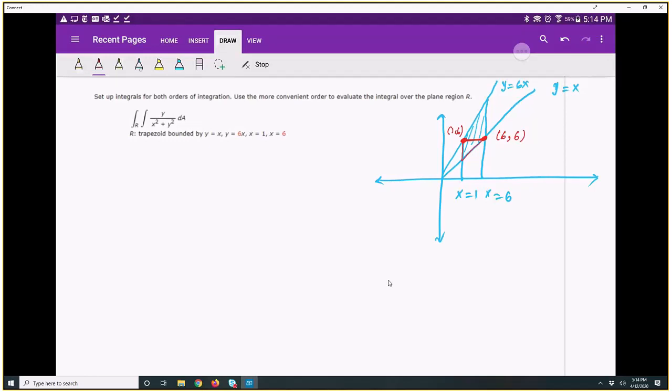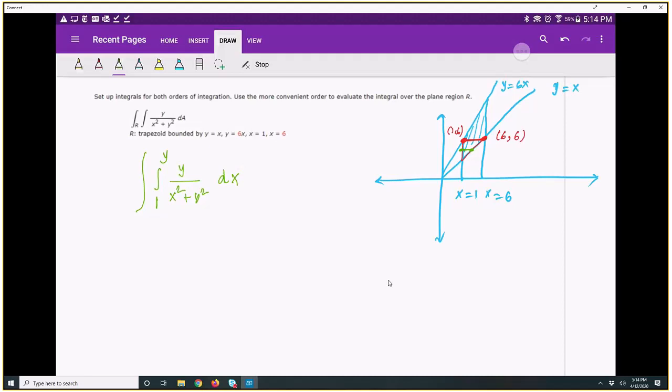So if I consider an arbitrary line to understand the limit of my x coordinates, x starts at x equal to 1, and goes all the way to the line y equal to x. So I will say that it is going to x equal to y. And the function I'm integrating is y over x squared plus y squared, with respect to x. Then I integrate this with respect to y.